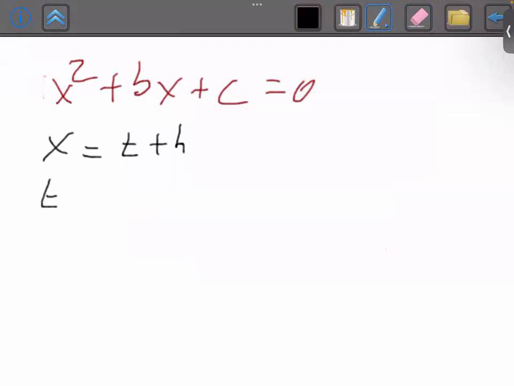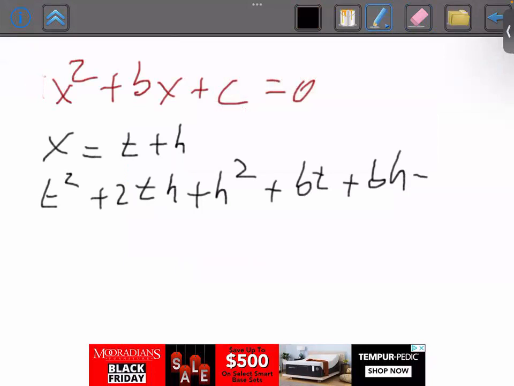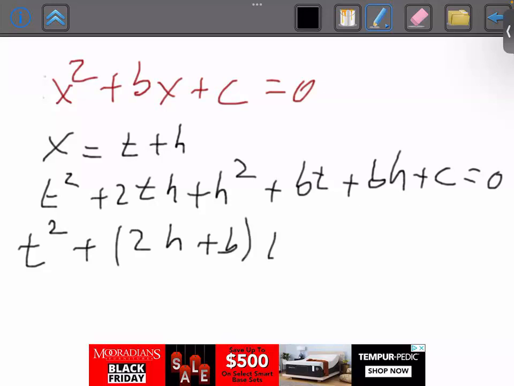I'm going to get t squared plus 2th plus h squared plus bt plus bh plus c equals 0. So I'm going to have t squared, and then what's my coefficient of my t term? I'm going to have a 2h plus b times t plus, I think it's going to be h squared plus bh plus c, my constant term.